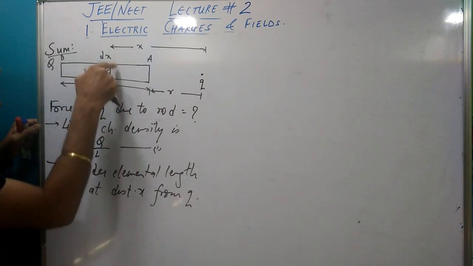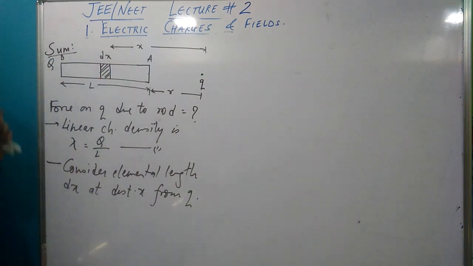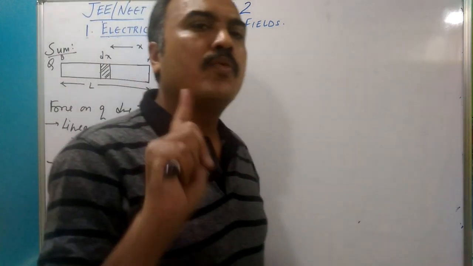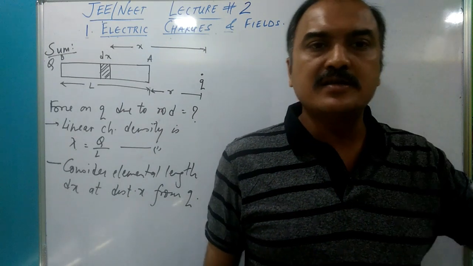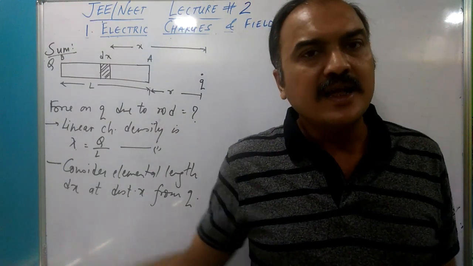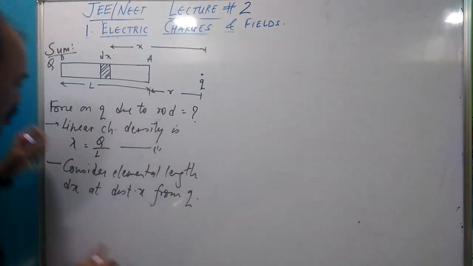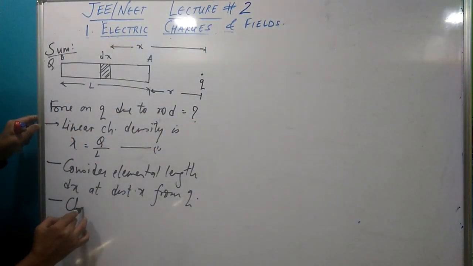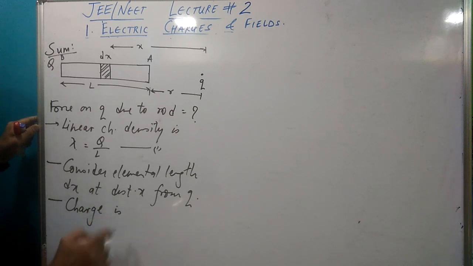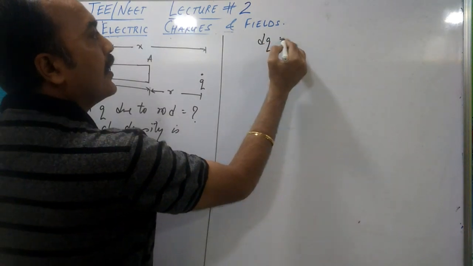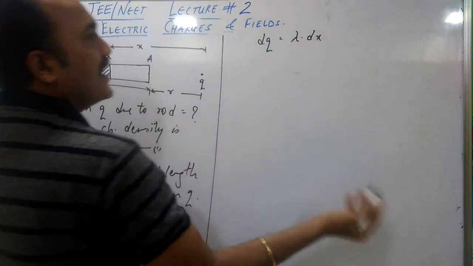How much charge is in this elemental length? I have defined lambda, that is, in 1 meter length there is lambda coulomb charge. Then in dx meter length, how much is the charge? So the charge on this elemental length, dq, is lambda dx.